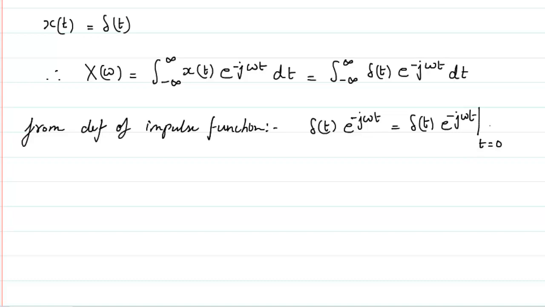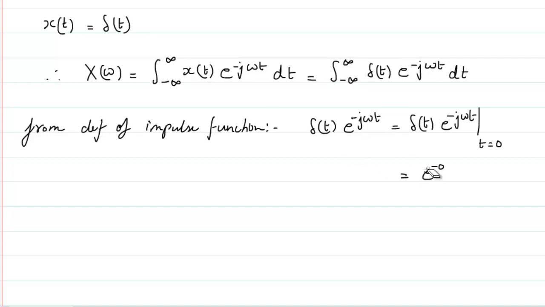If we put t equal to 0, then we can write this to be equal to e raised to power 0 or minus 0, which is 0, which is equal to 1.